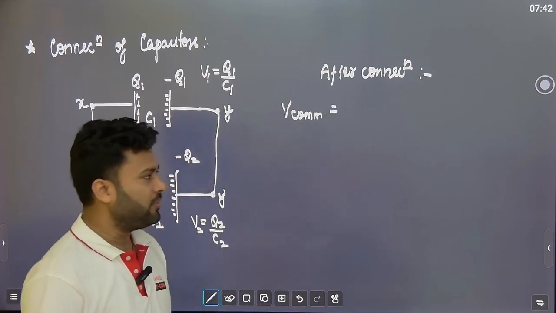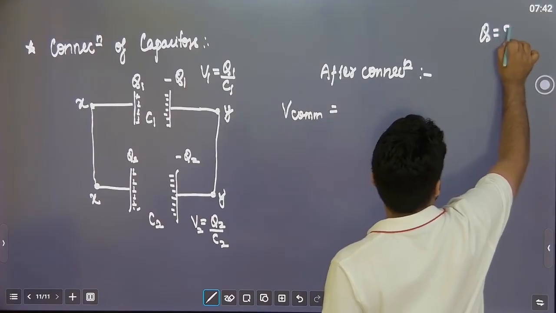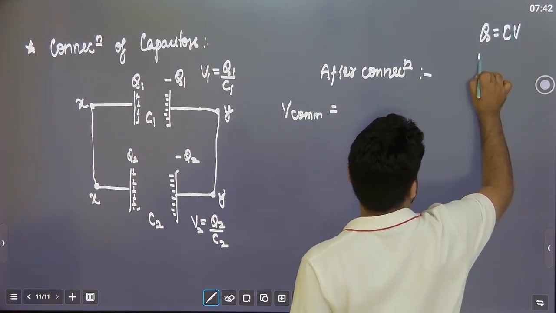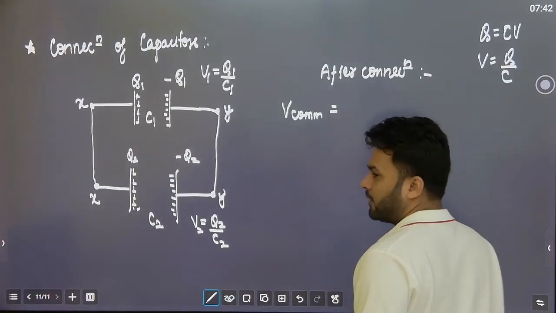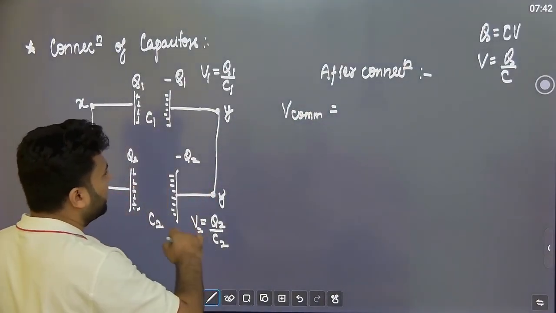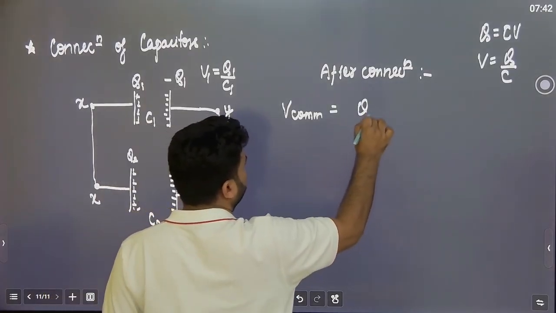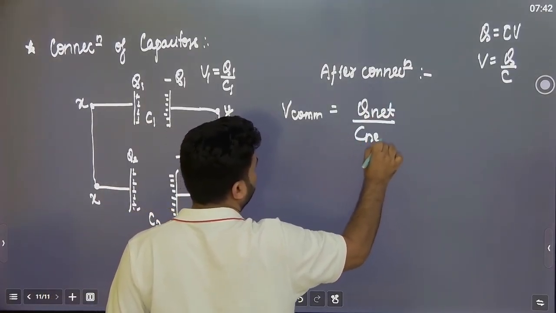You do like this. You remember one formula. You know that Q equals CV, so V equals Q by C. So V common equals Q net divided by C net.